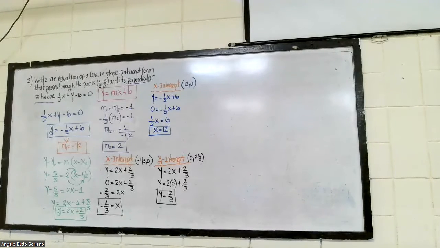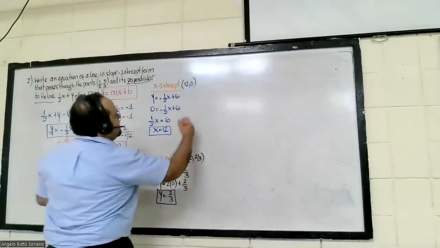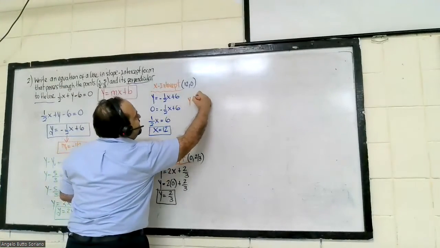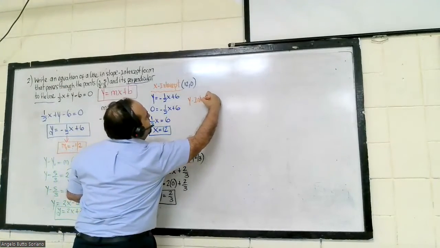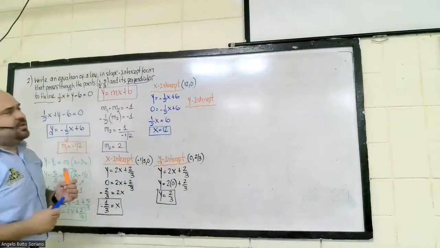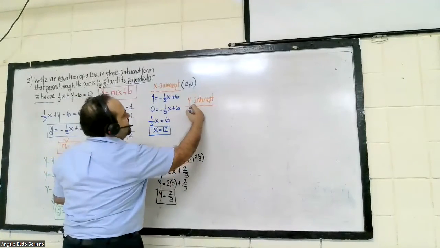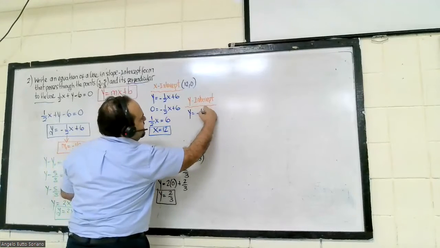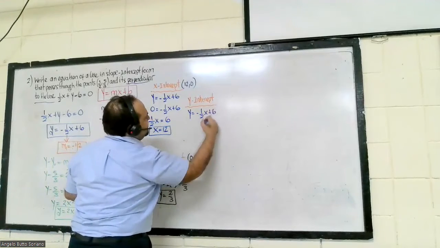Remember, you must replace in the first equation y by 0 because we're looking for the x-intercept, the blue equation. Now, repeat the process using the y-intercept. Copy the equation, y equals negative 1/2 x plus 6.